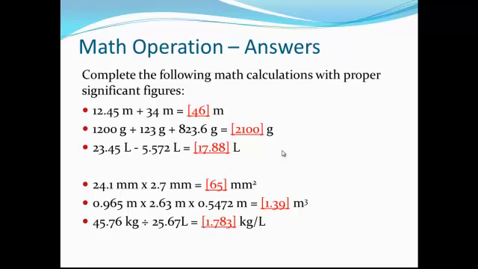Pick the least number of significant figures. That determines the number of significant figures for your answer. I would like you to have a very high percentage, 100% correct answers or 100% understanding before we move on to the next section of the discussion.